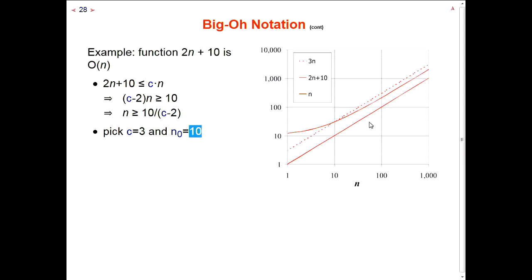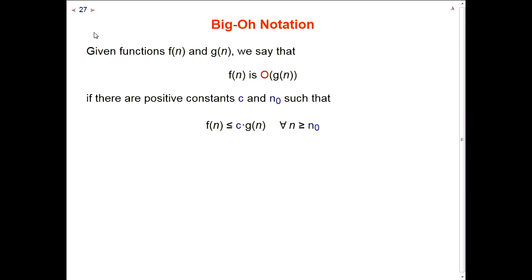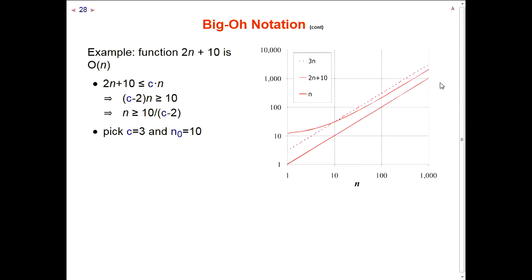And that illustrates the relation between that formal definition here and the graph that illustrates what that condition amounts to, namely that in the long run, the function f of n will always be smaller or equal to the function g.